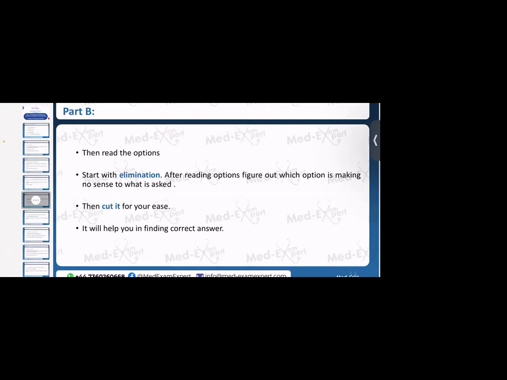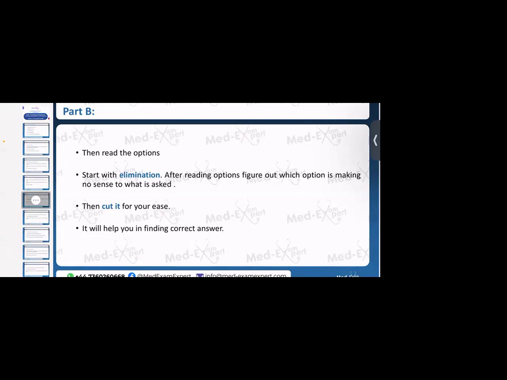Answer C is cancelled now. Now you have to choose among A and B. If you think that B is also not correct, please cancel that statement. Now you have only one statement left, option A. It is the answer. So with the help of the elimination method, it is easy for you to reach the correct answer. Always try this technique.